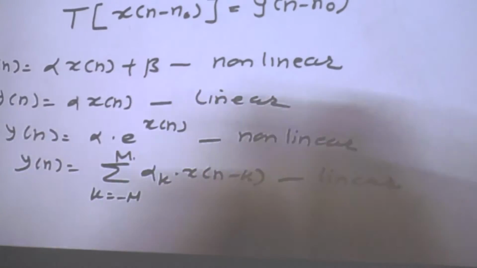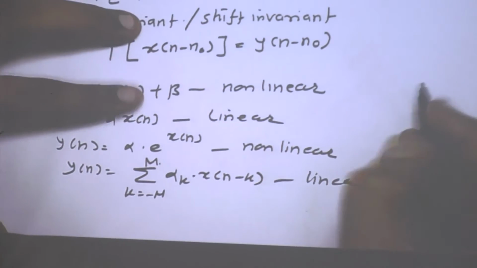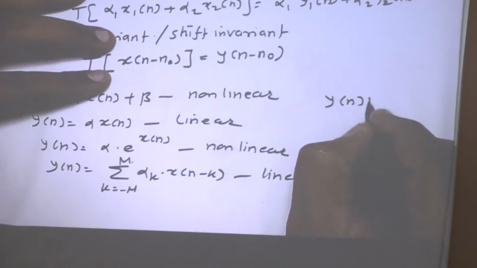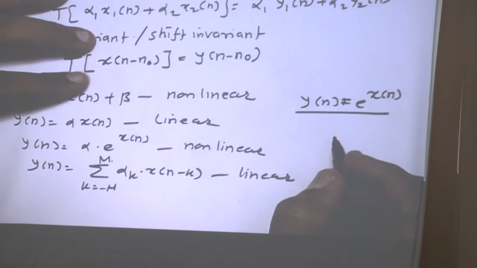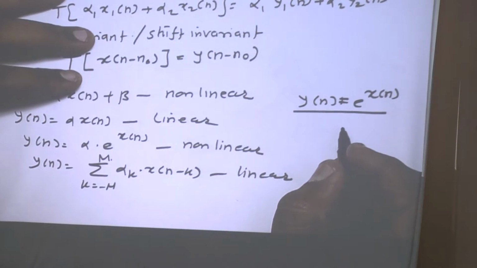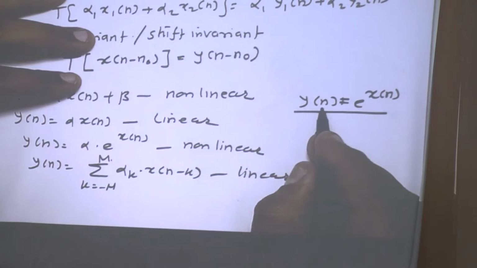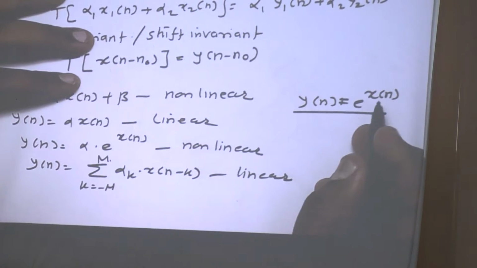The examples of time invariant systems: y of n is equal to e to the power x of n is an example of time invariant system, because y of n minus n0 is same as e to the power x of n minus n0.